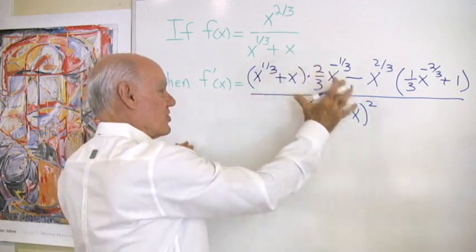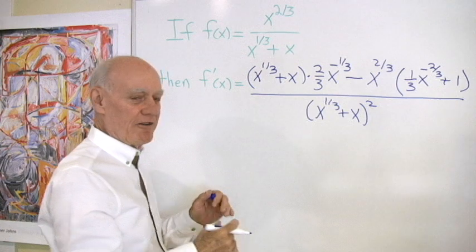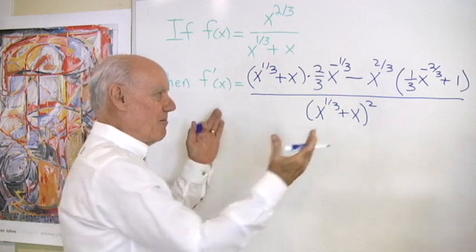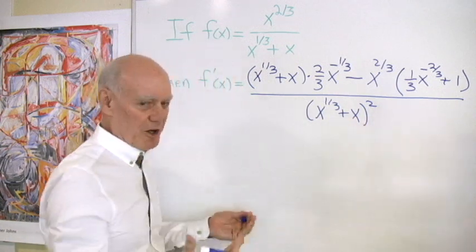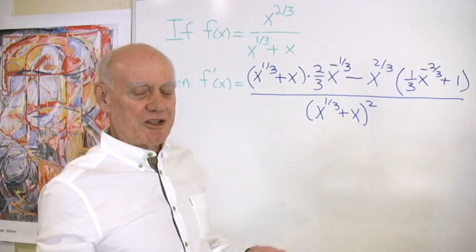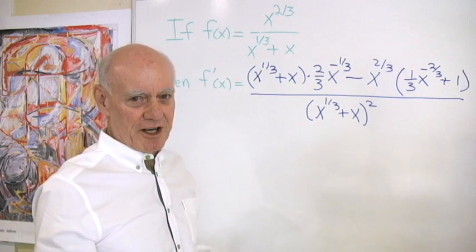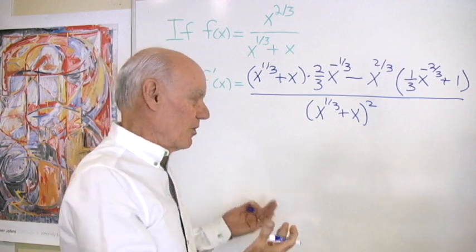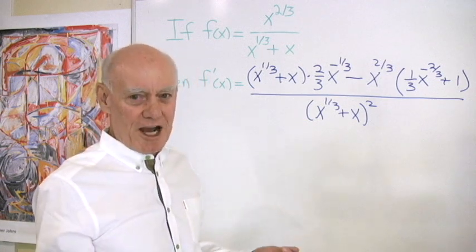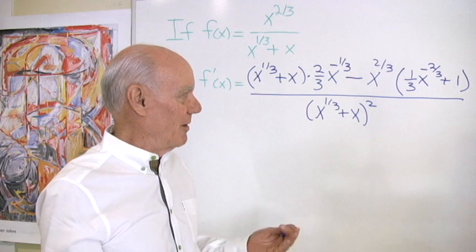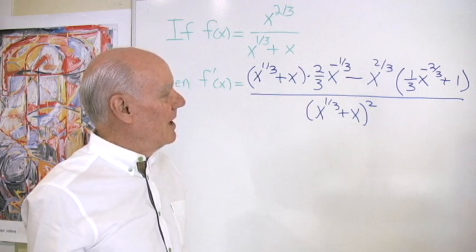If you're looking to set this equal to 0 and find the values of x that make this expression 0, then you want it as simple as possible. So in the real world, when you find these derivatives, sometimes you simplify and sometimes you don't. We're going to simplify right here just for the practice of it, to see what we can do and how we can get this to be simpler.